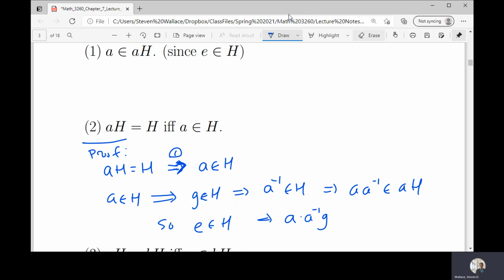So not only that, let me say it this way. More importantly, A inverse is in H, so let's just say it this way.